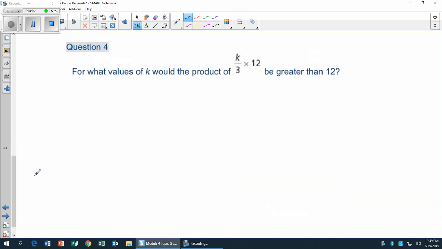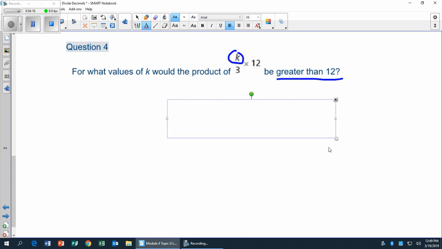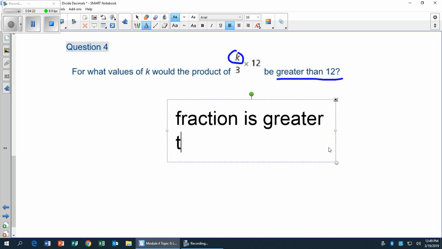Okay, so down here now, for what values of k would the product of this be greater than 12? So my number that goes up there needs to be, we need to make sure that the fraction is greater than 1.